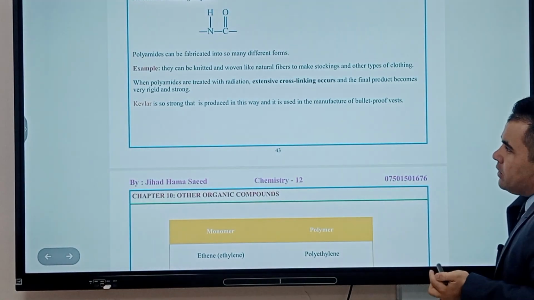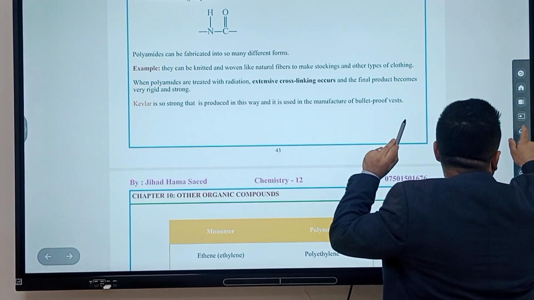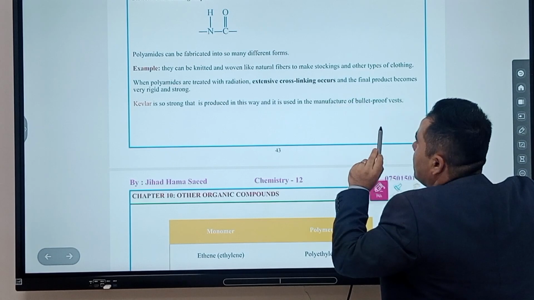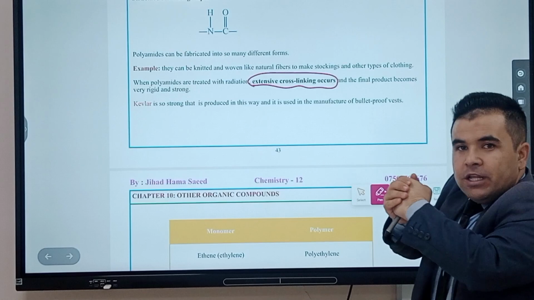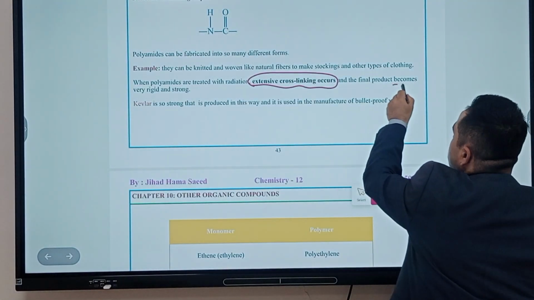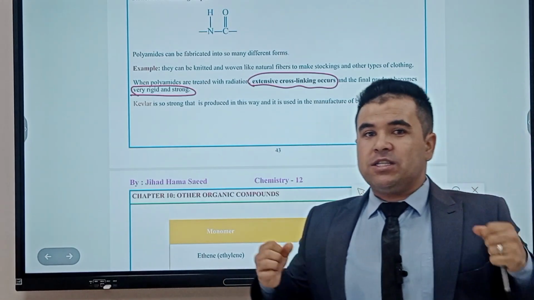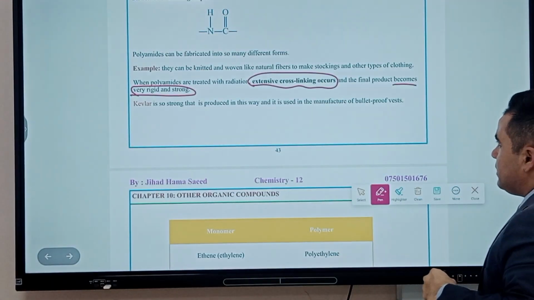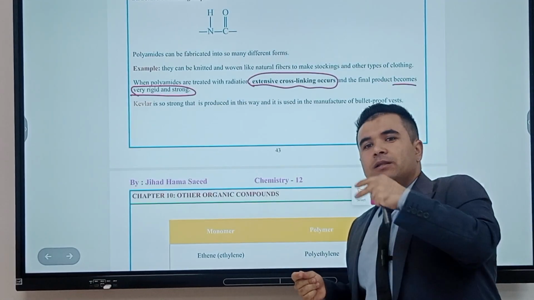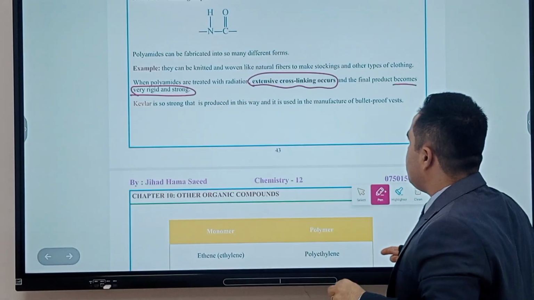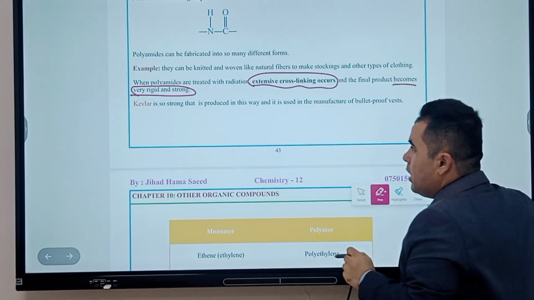This is important. When polyamides are treated with radiation, extensive cross-linkage occurs, there will be a cross-linking procedure, and the final product becomes very rigid and strong. Polyamides are not as strong as the cross-linked structures, but when they undergo the radiation procedure, they become extensively cross-linked and stronger.